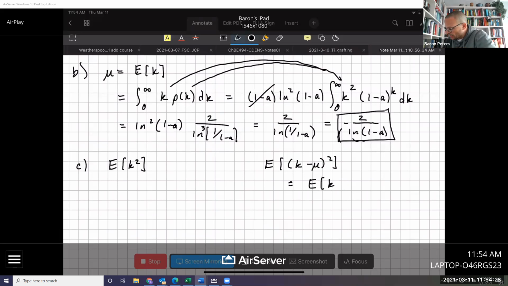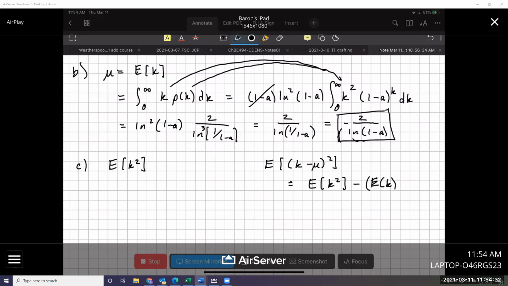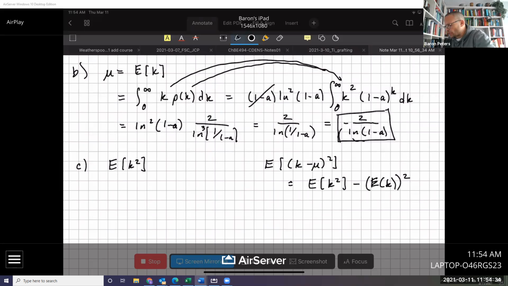We could take the expectation value of k squared minus the expectation value of k quantity squared, and that should be the same as the variance, right? So this is sigma squared, and that's the conceptual definition on top, and we often refer to this as the computational definition down below. So it's not really the definition at all. It's just a convenient recipe.